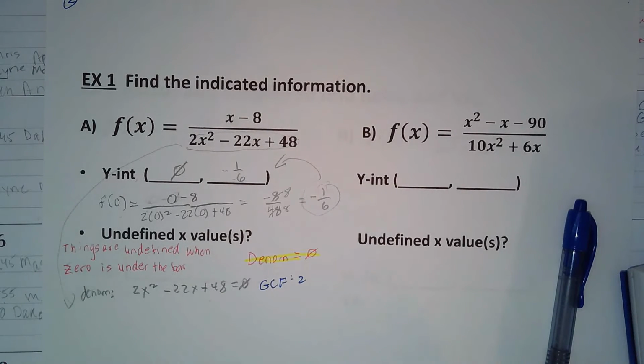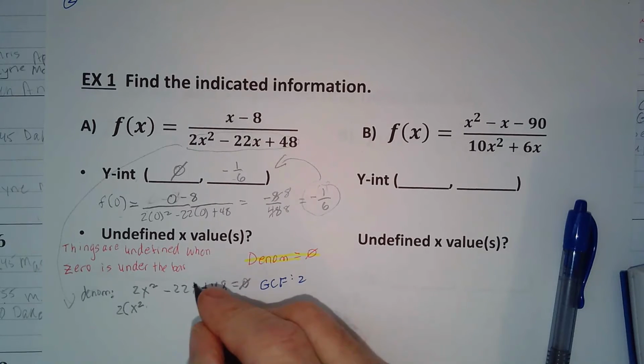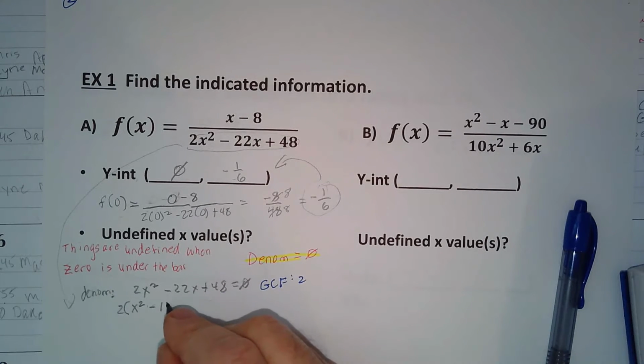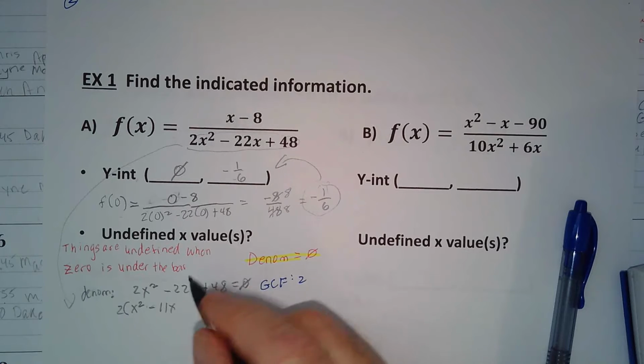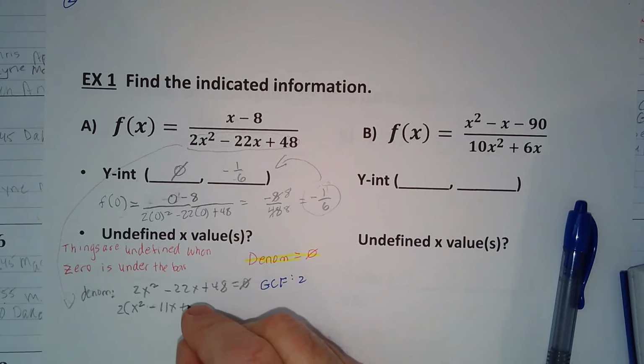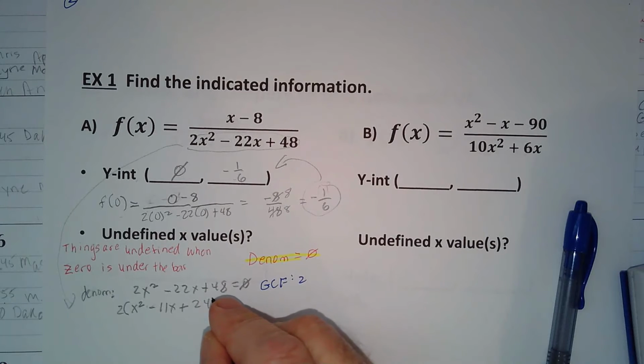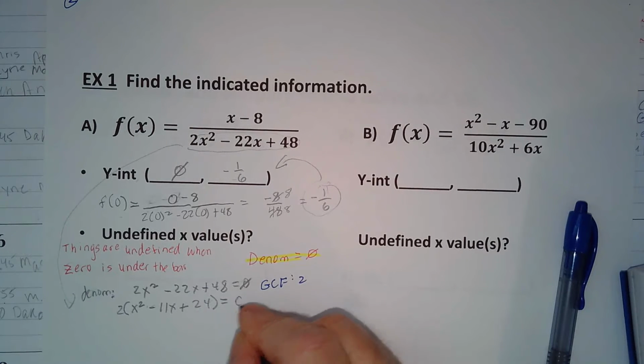So I'm going to rewrite this as 2 times, and then I'm left with x squared in the first term, minus 11x in the second term, and then 48 divided by 2 is 24, so plus 24 in the third term, and that's going to equal 0.